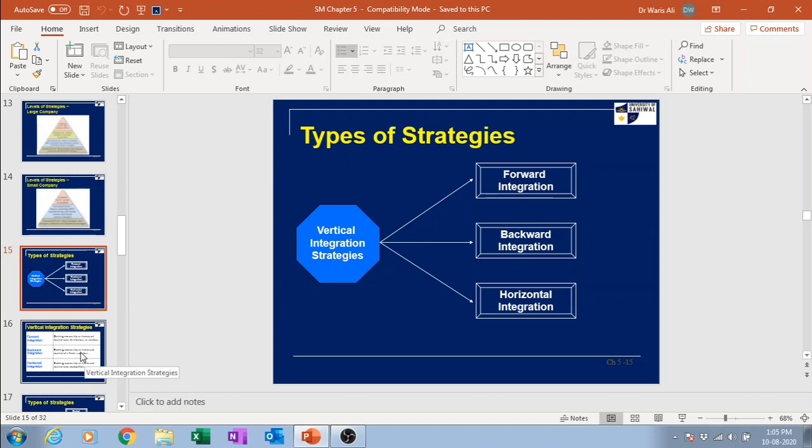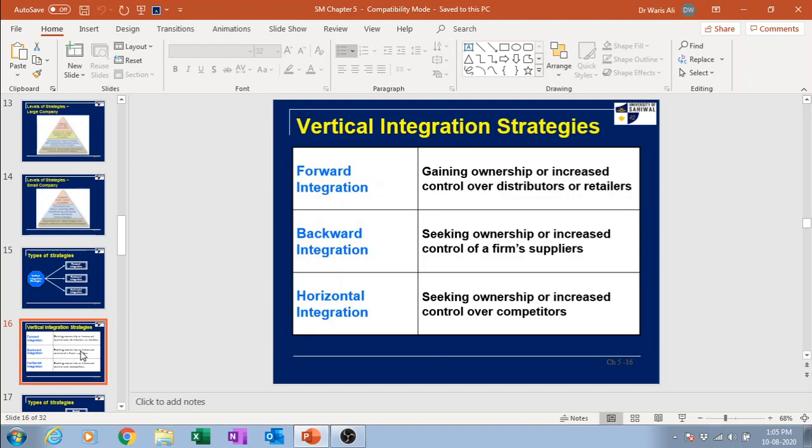Forward integration means, for example, you are manufacturing clothes, and then you are selling those clothes to certain distributors and wholesalers, and then they are selling to the retailers.